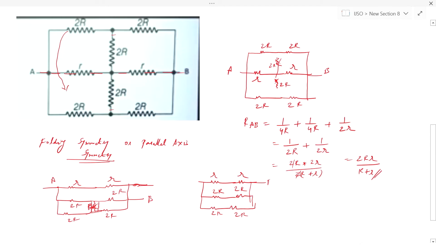The B point is over here, the A point is over here. So 2R, 4R, and 4R will be in parallel. So R equivalent between A and B is 4R or 4R. The answer will be the same only. See this condition again. Just copy it so that you should be comfortable with both ways.